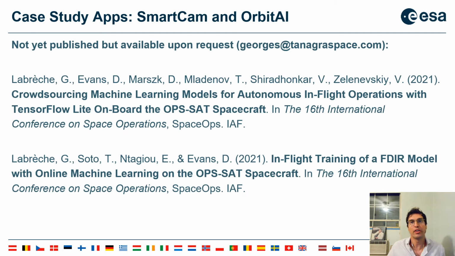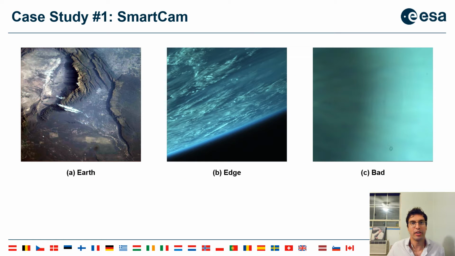The lessons learned come from developing and operating two apps, SmartCam and Orbit AI. Don't hesitate to reach out if you want some manuscripts to learn more about these apps and look at results. The first iteration of the SmartCam app was Classification 101, where we wanted to do onboard image classification with machine learning in order to help with downlink prioritization of images.